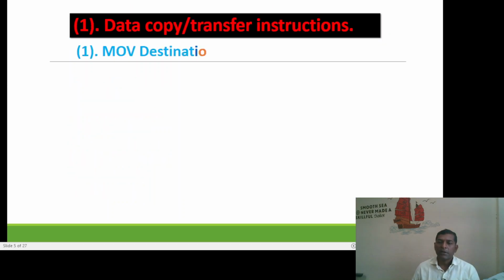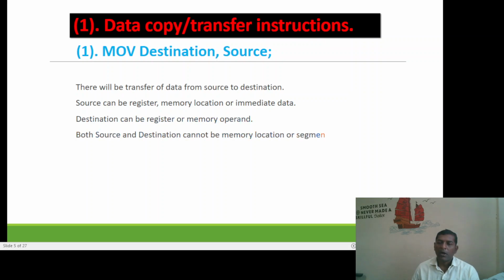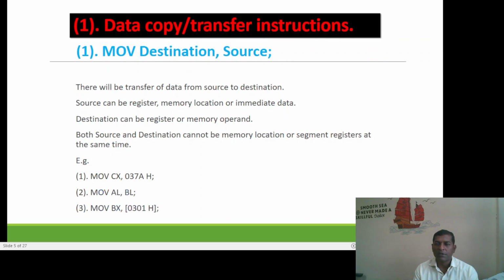The first set of instructions is known as data copy or transfer instructions. The structure of this type of instruction is MOV destination, source. This is the way we write an instruction. MOV is the instruction, the operation the 8086 will perform.